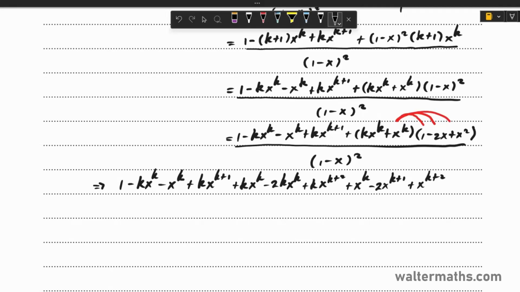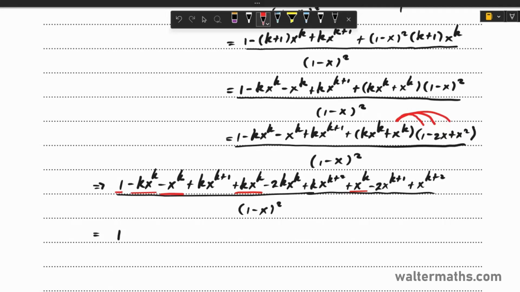So that's what we have right here, and all this is over 1 minus x squared. All right, now for the like terms, simplifying the numerator, we have the 1, and so we have taken it, and minus kx to the k plus kx to the k will give us 0, minus x to the k plus this x to the k also give us 0.